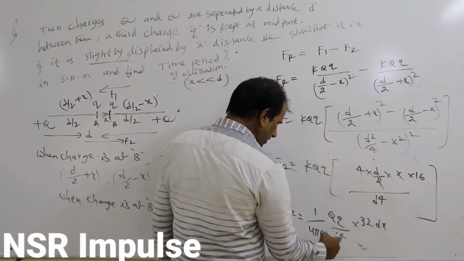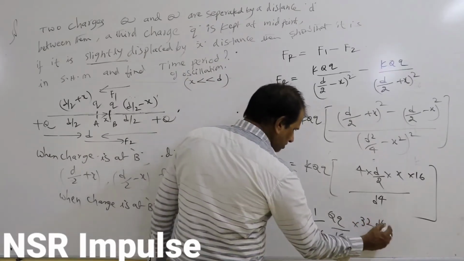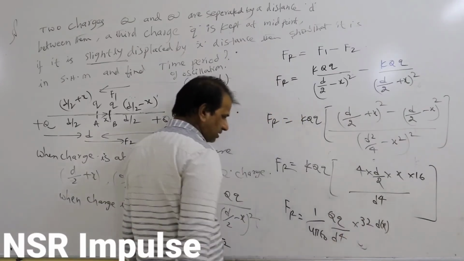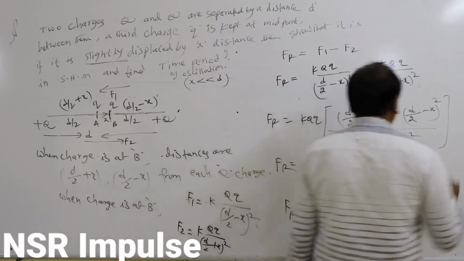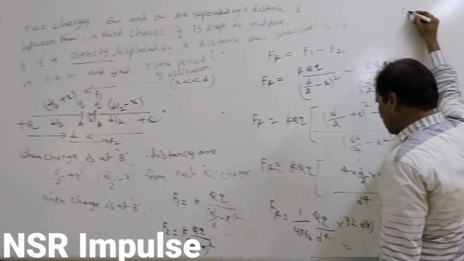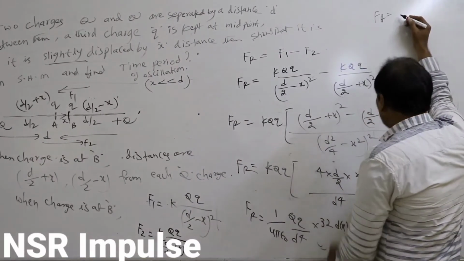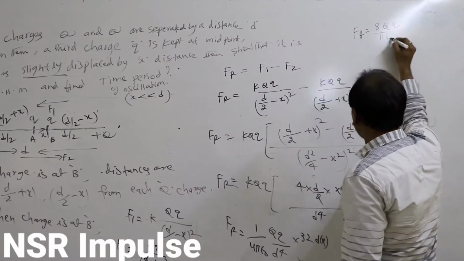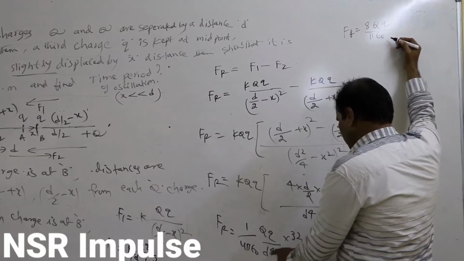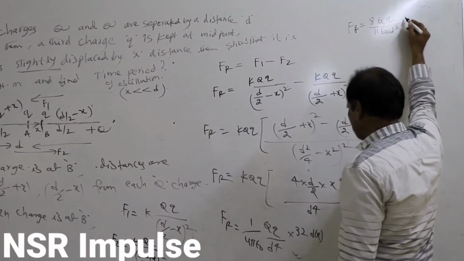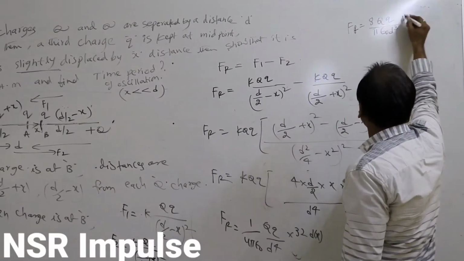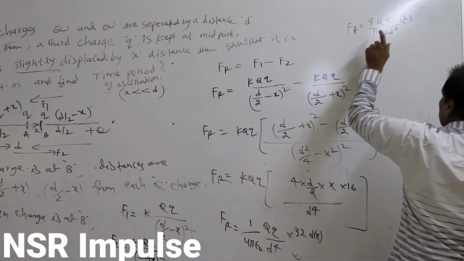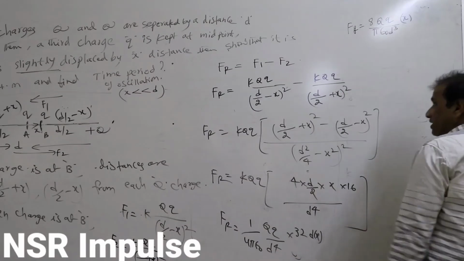Now d cancelled out, so 4 into 8, 32. So the resultant force Fr equals 8 Q q by pi epsilon naught d cube into x.